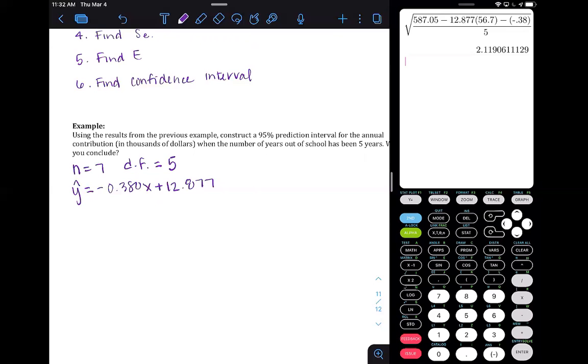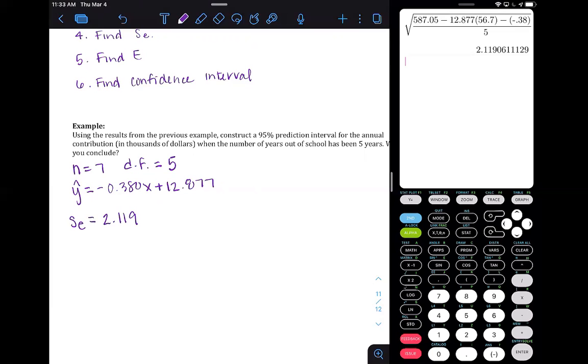That was the equation we found yesterday. And then I'm going to rewrite our S sub E that we just found, which was 2.119.